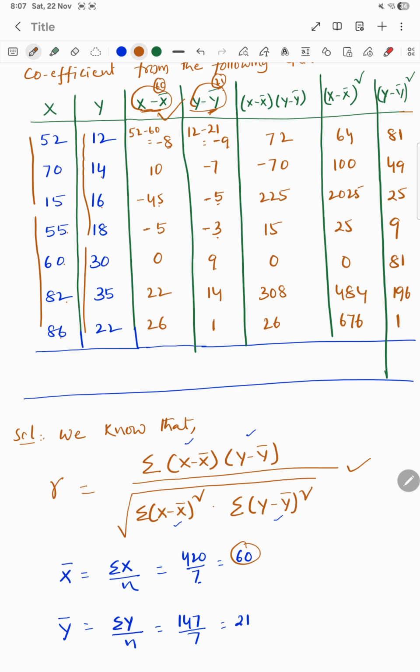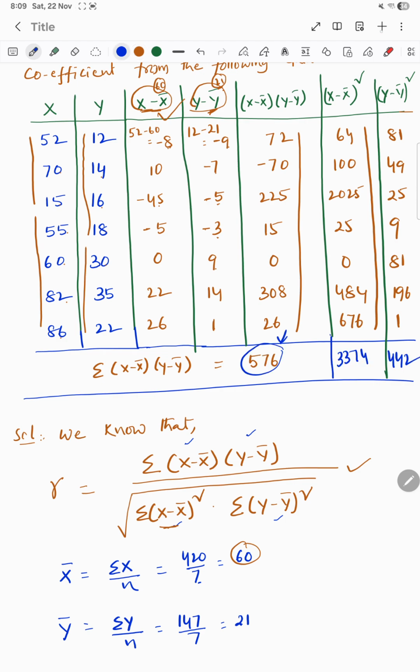Now our target, as per this formula, is summation of (x minus x bar) into (y minus y bar). This means we need to add all these values to get the summation. Similarly, we need to add all these (x minus x bar) whole square values, and similarly for (y minus y bar) whole square.